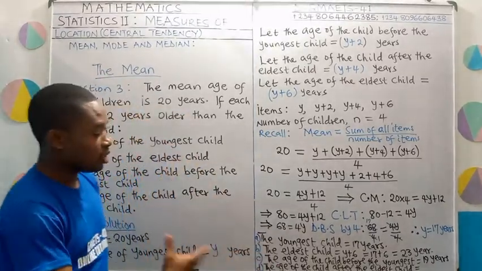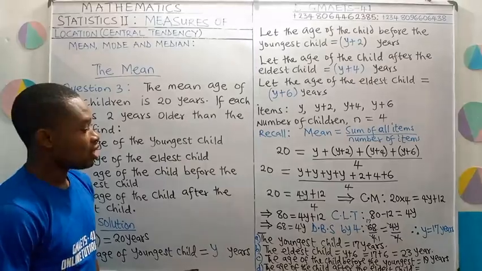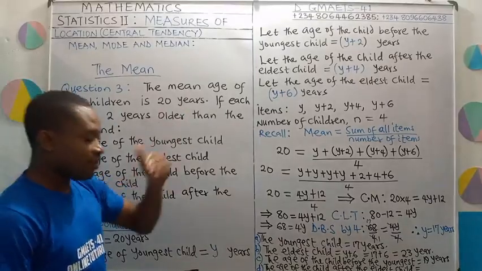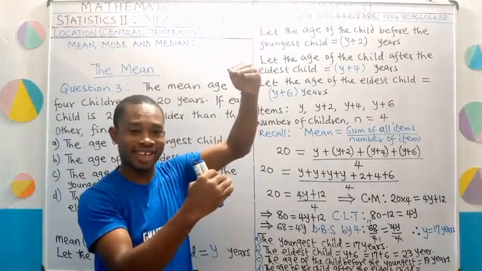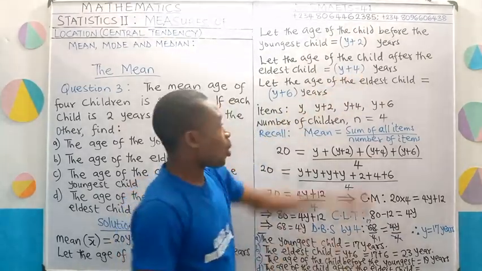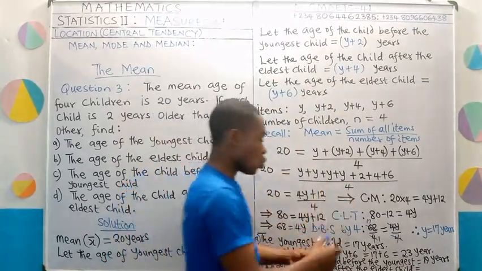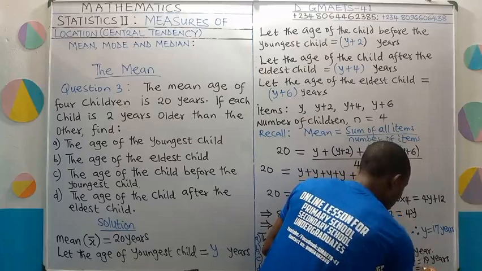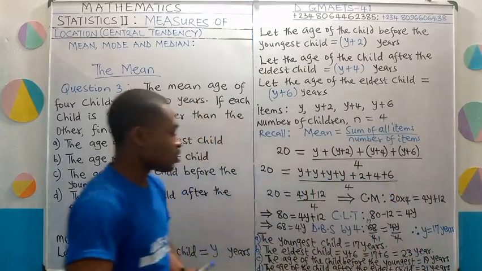Alright, the notes just below this video lesson. You'll see the notes, okay? Now, the age of that child after the eldest, the child that follows him, is y plus 4. And y is 17, so if you add 4, you get what? 21 years. So this is going to be 21 years. Good. We are done solving this question.